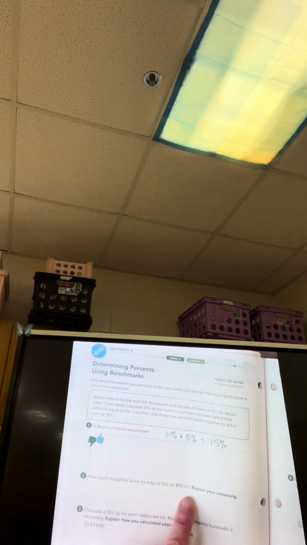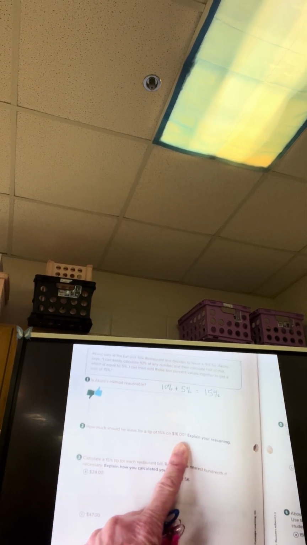So if he had a $16 bill, I'm going to write it as just 16. And I want to know 15%. I'm going to take 10% because that's the easy one. Then I'm going to find the 5% because that's just half of the 10% I found. And then put those two numbers together and I'll get my 15%, right?